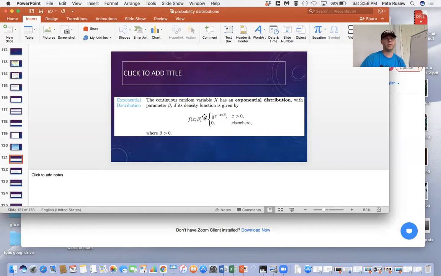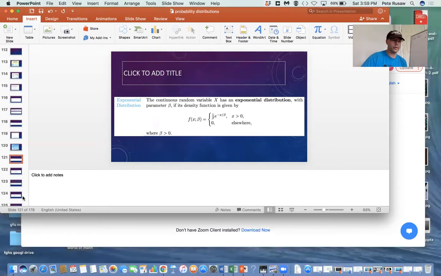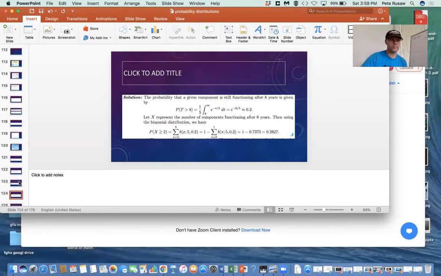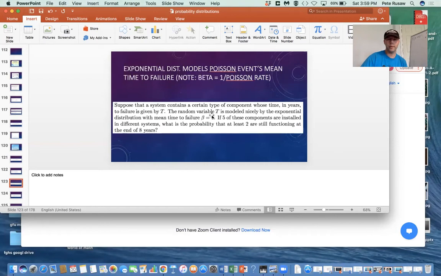But this is actually a pretty complex question. So remember, beta is 1 over the Poisson rate. And the Poisson rate in this particular problem, oh, they just give us beta equals 5. So the Poisson rate, I guess, would be 1/5.